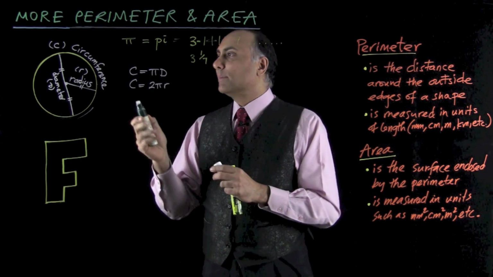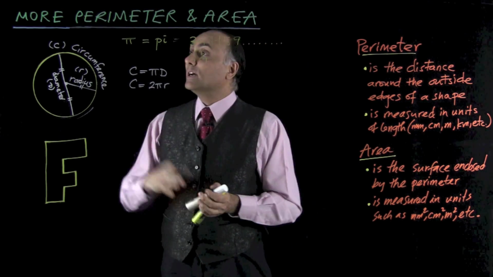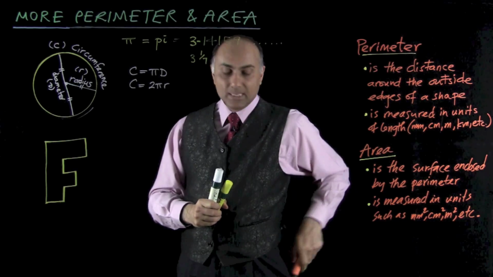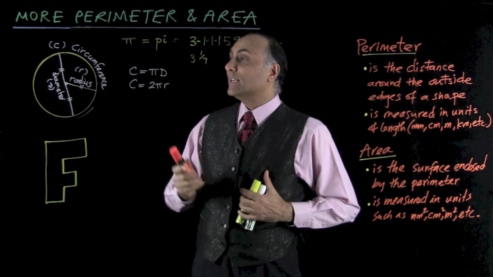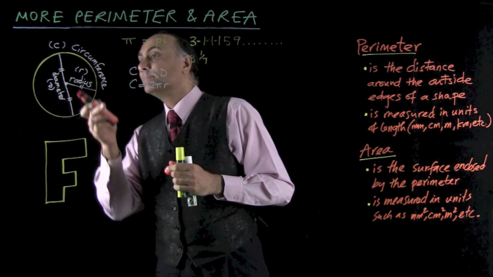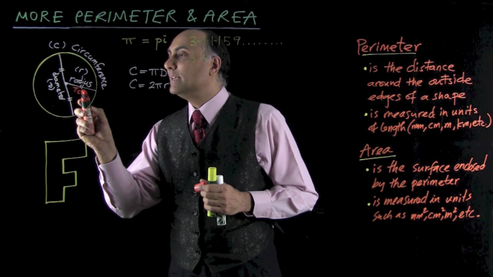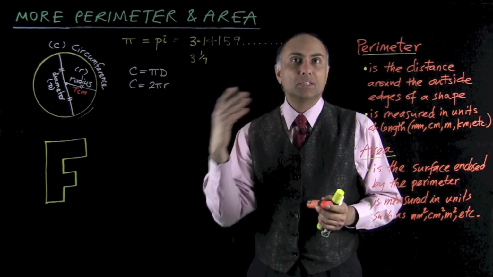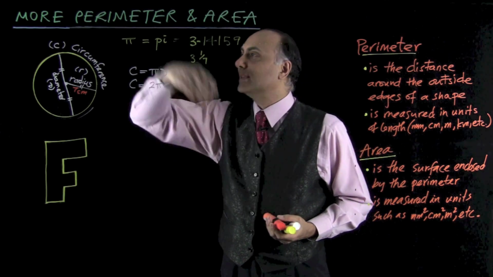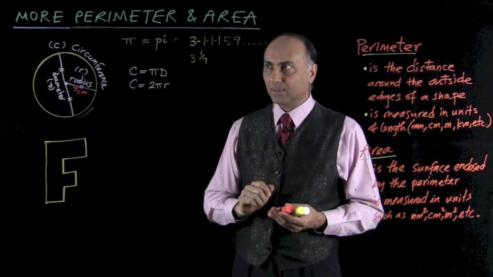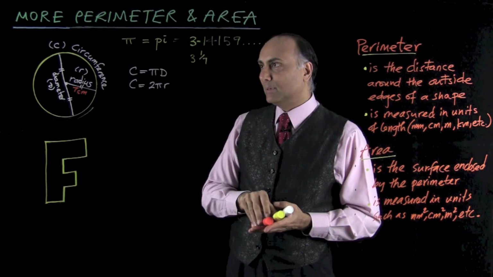Let's apply it. Well, let's give this circle a measurement. Let's suppose that the radius of this circle is 7 centimeters. And supposing we wish to work out the circumference of this circle, all we do is substitute.